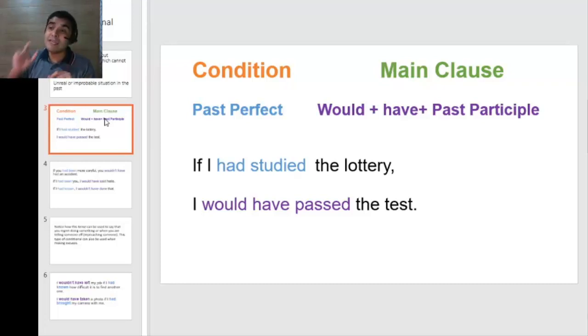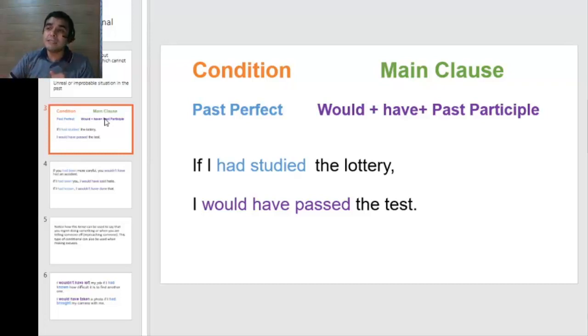We have the auxiliary had, plus past participle. If you have problems knowing past participle verbs, guys, you have to study. This is part of the vocabulary in English that you need to master and practice. If I had studied, right? Had plus past participle, past perfect. This is the past of the past, okay?